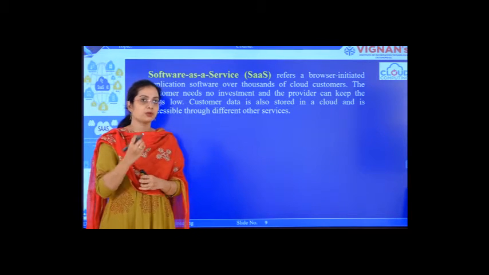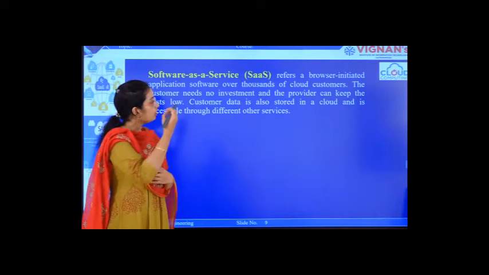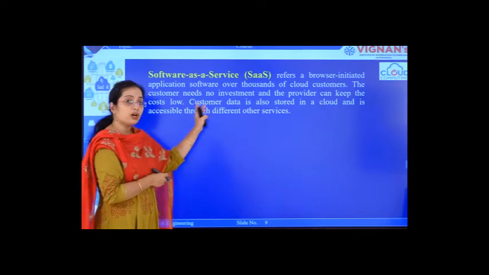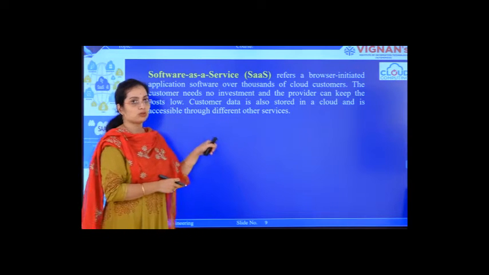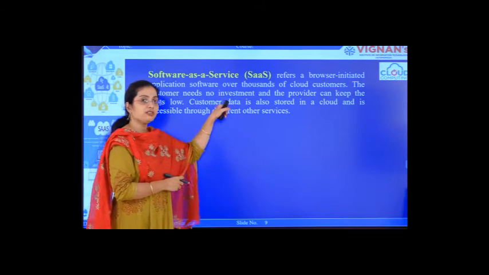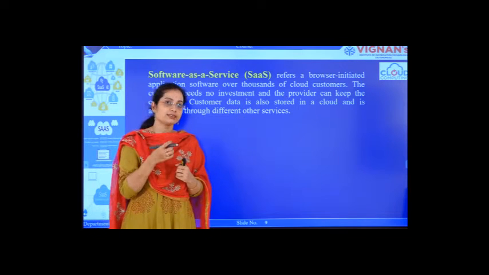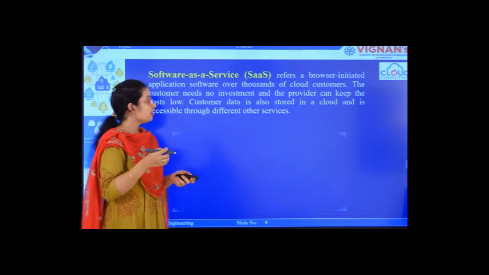So, cloud provides its service to thousands of users in a cloud customer scenario. Here the customer needs to invest and the provider can keep the cost low. There is no need to invest any amount in purchasing the particular software. The customer only leases the software from the service provider based on the requirement.